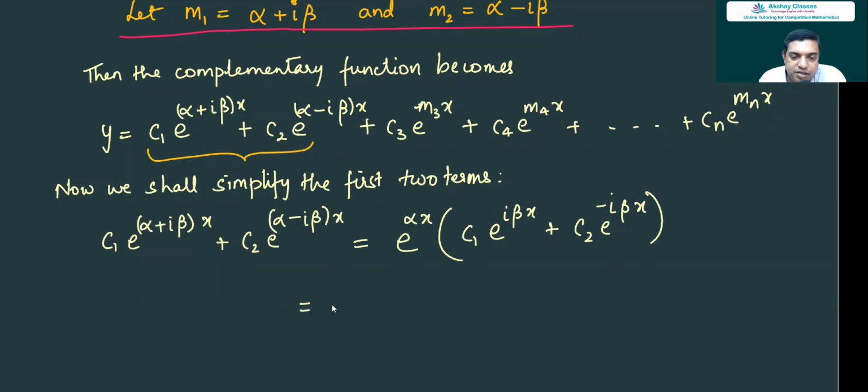Now this becomes e power alpha x times this part, using Euler's identity of complex numbers: e power i theta is cos theta plus i sin theta.